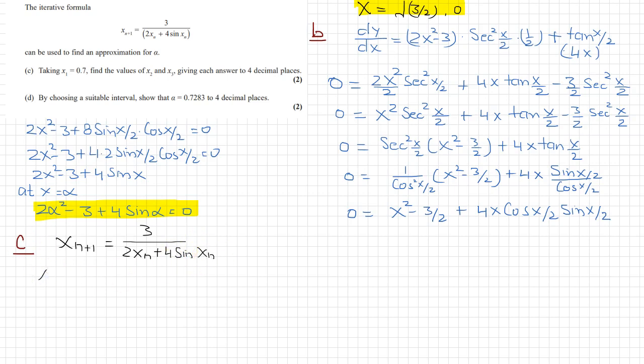Let's say n is equal to 1. So x2 is equal to 3 over (2 times x1, which is 0.7, plus 4 sin 0.7). So that will be equal to 0.7544.